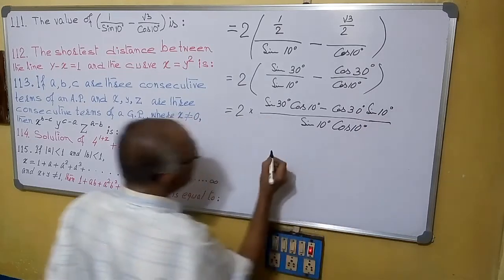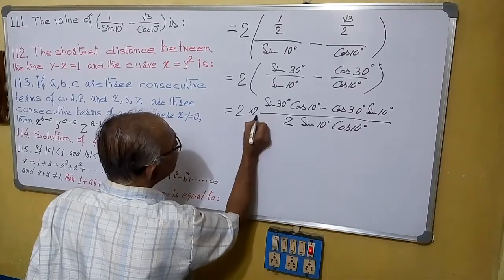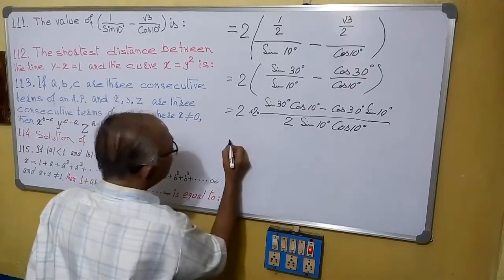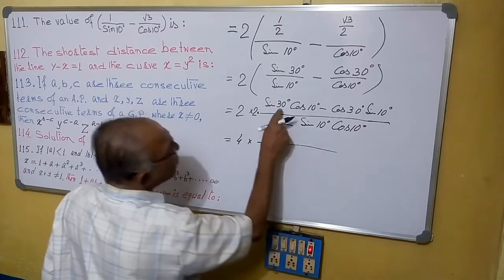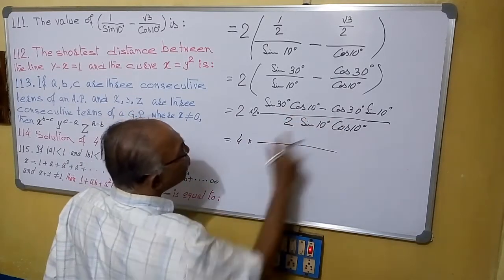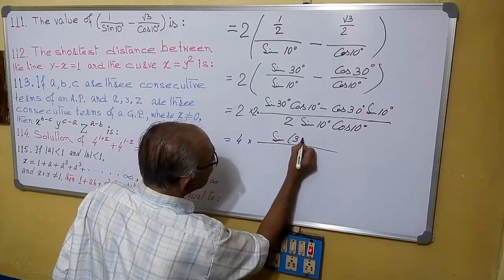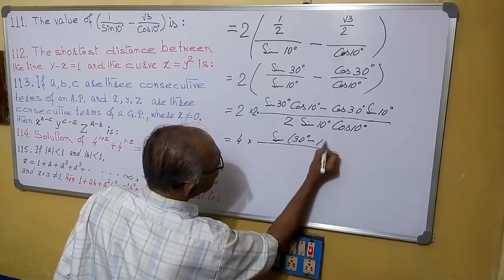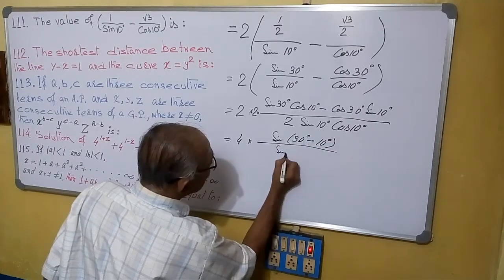What we can do? We can multiply this one by 2 and here also multiply by 2. So what is coming? This is 4 into sin A cos B minus cos A sin B, which is sin(A minus B). And 2 sin A cos A is sin 2A.